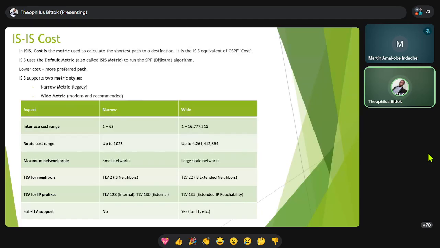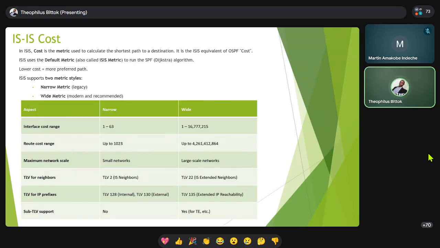So basically, narrow metric you can use in a small network ideally, but wide metric you can use in a large network. Because actually the cost, I think this number is it 4 billion?